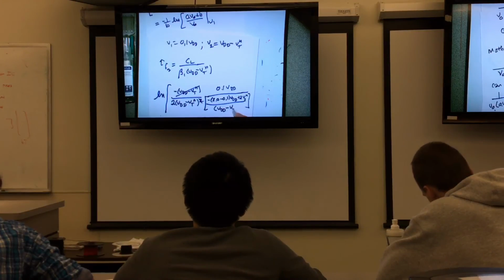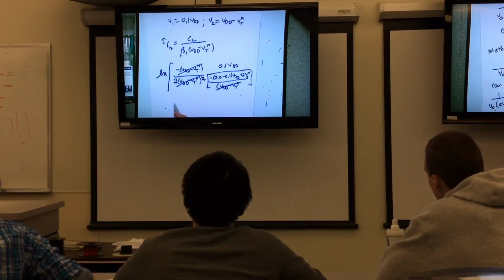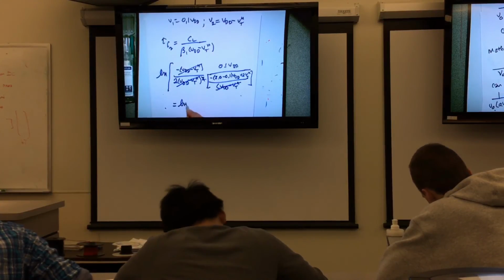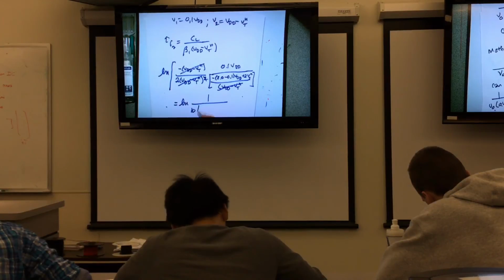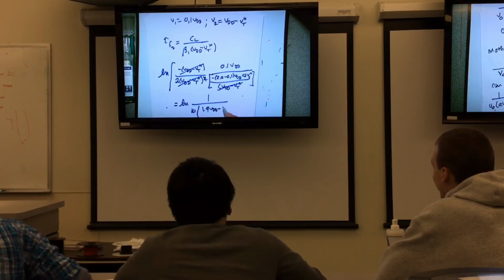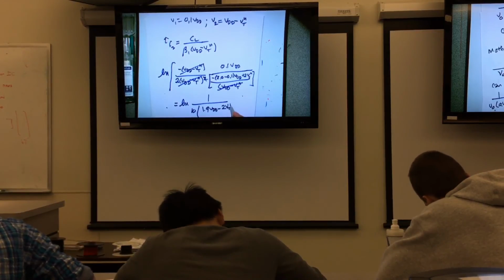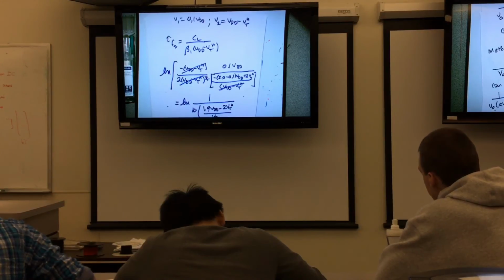Minus V threshold N, and the other one of these then cancels with this, leading us to the natural log of 1 over 10 times 1.9 VDD minus 2 V threshold N, all divided by VDD.